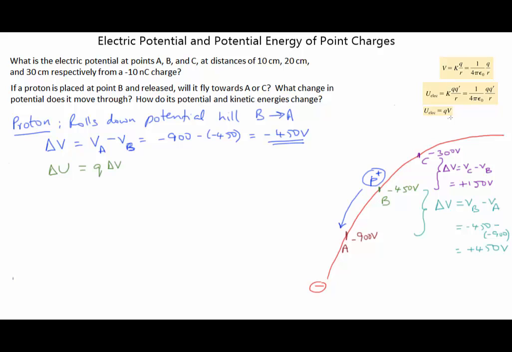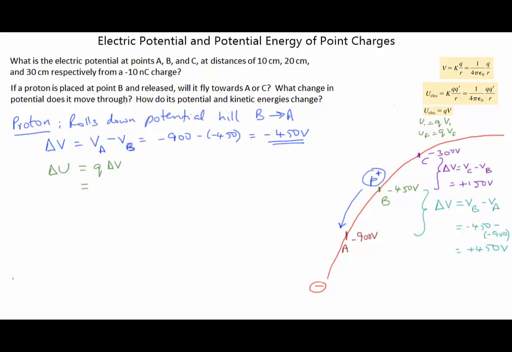If U equals Q times V, U initial would be Q times initial potential, and U final would be Q times final potential. I can subtract these equations to get UF minus UI, which will be Q times VF minus VI, or delta U equals Q times delta V.